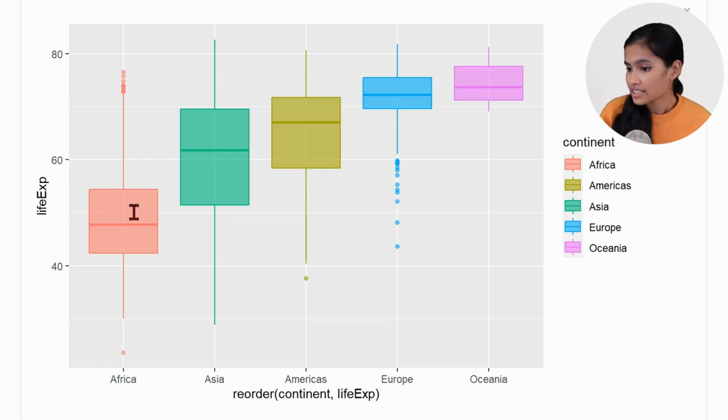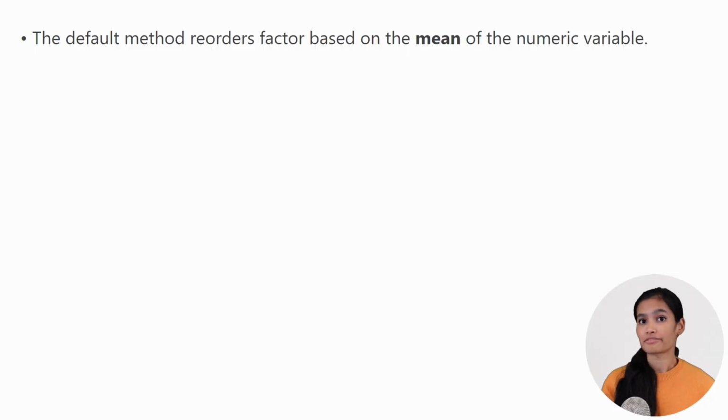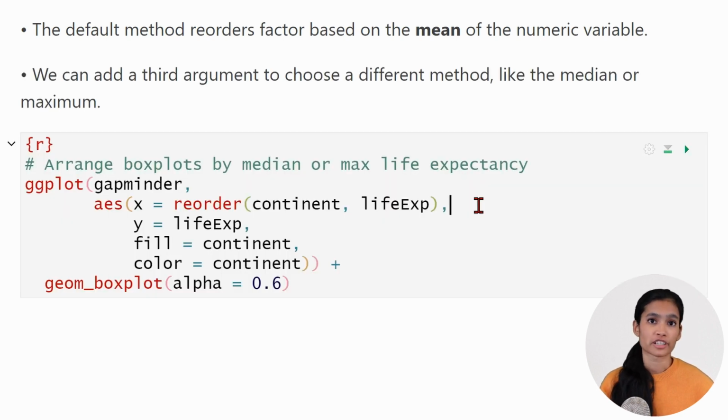This solid line in the middle, as we know, is the median of each box plot, and we see that they steadily increase. But actually, the function being used here to sort the box plots is the mean of the life expectancies for each subset, for each continent. But we can change this by adding a third argument to the reorder function. The third argument in reorder should be the name of an R function.